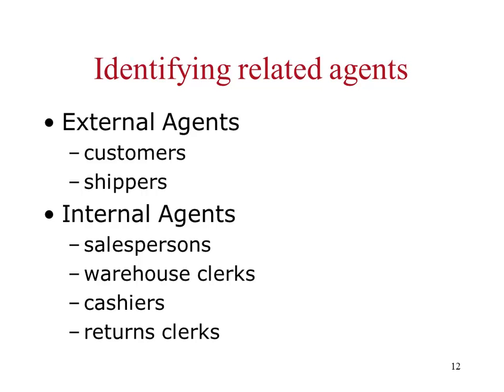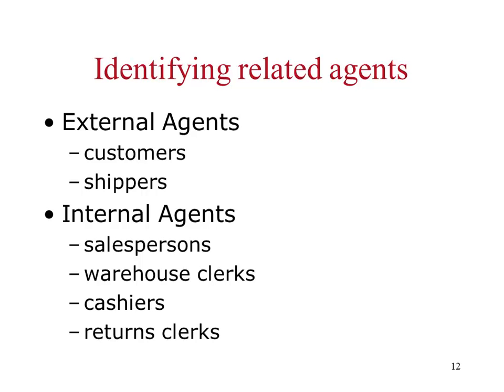So we have external and internal agents. External are customers and shippers. Internal are salespersons, warehouse clerks, cashiers, and returns clerks. Cashiers are those who process collections. Salespersons are those who sell. Warehouse clerks are those who prepare the shipment.